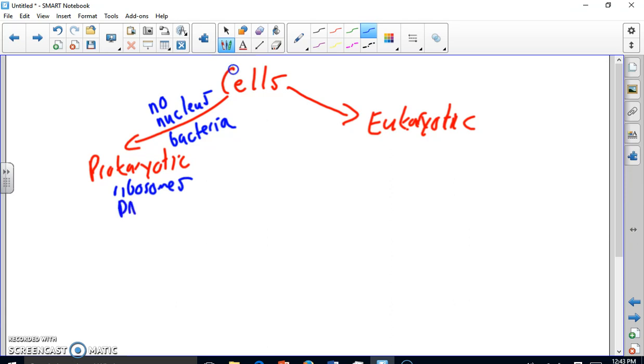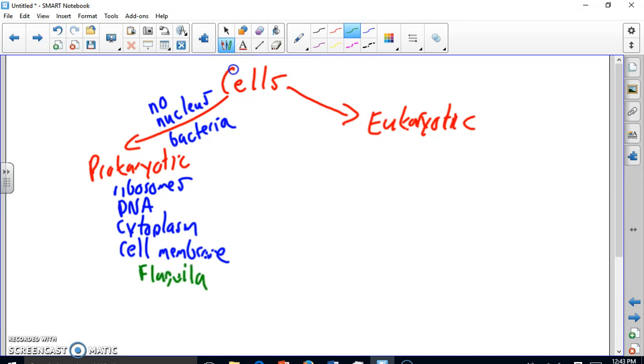They have DNA. They have a cytoplasm. And then they have a cell membrane. Sometimes, and I'm going to write those things in green, sometimes they have a flagella. And then sometimes they have a cell wall. But only sometimes.